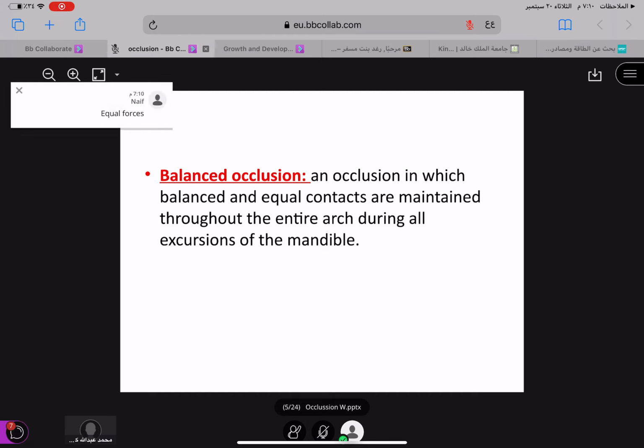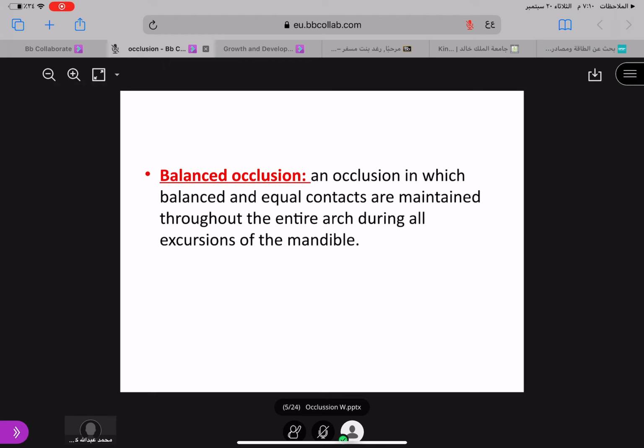Equal forces, yes. What else? Yes. Usually all teeth do not get contact. Even if all teeth are not in contact, it is considered balanced. There are cusps known as balancing cusps and supporting cusps, right?